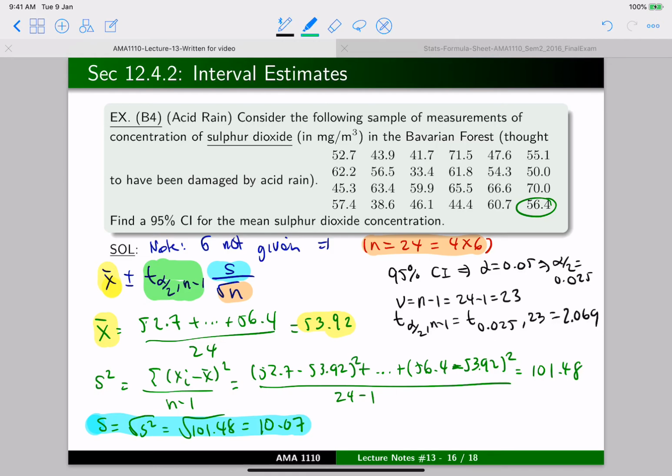Okay, so we have everything. We just plug it in here. So we get 53.92 plus or minus 2.069 times s, the sample standard deviation, divided by the square root of n, which is 24.